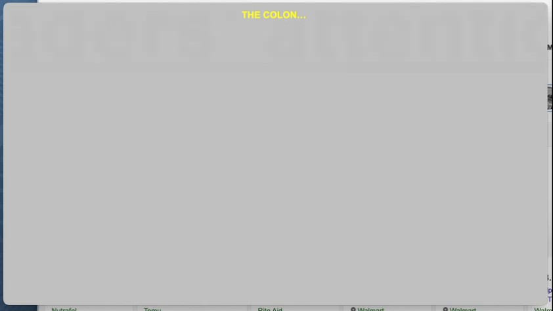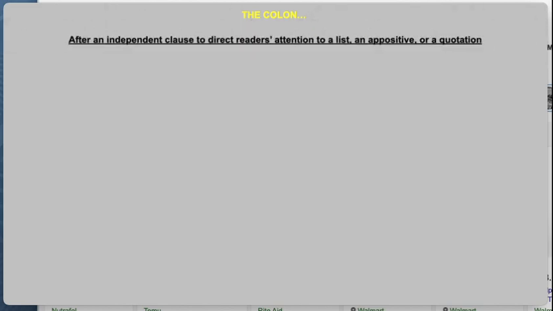A colon is used after an independent clause to direct readers' attention to a list, an appositive, or a quotation. Okay, we just discussed semicolons' usages, several of them, and misusages. Now we're looking at the colon. So number one, a colon can be used after an independent clause to direct readers' attention to a list.